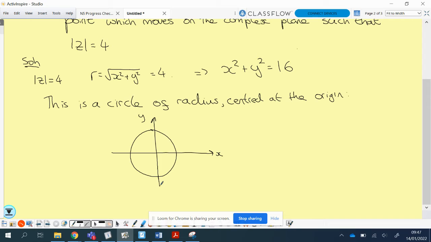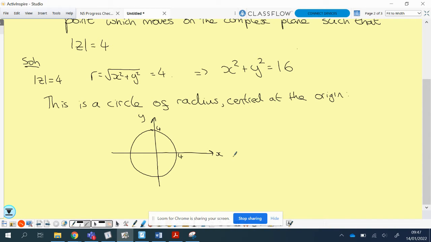Yep, that's very bad. But we know the radius would be 4 and 4 there. So basically, our complex number z could lie anywhere on that circle. That's what we found, the region on the Argand diagram.